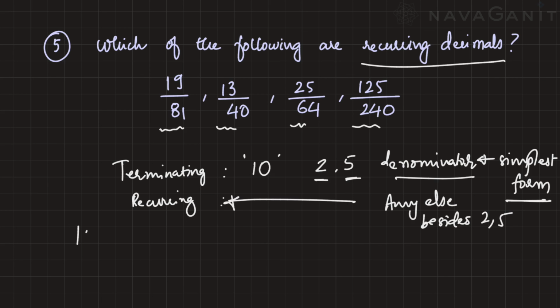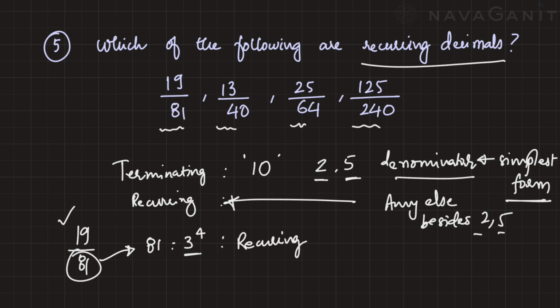For example, say 19 by 81. All we need to do is check first whether it is in its simplest form. It is. So 81 can be written as 3 power 4. So it has prime factors other than 2 and 5. So this would be recurring. Alright.